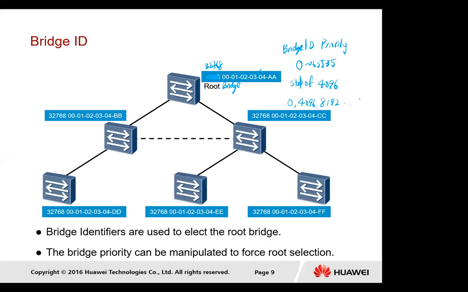Every time you have to increment by 4096. That will be the priority that we can set. You cannot set any number. They have to follow the rules. There must be a step of 4096. This is on the bridge priorities.